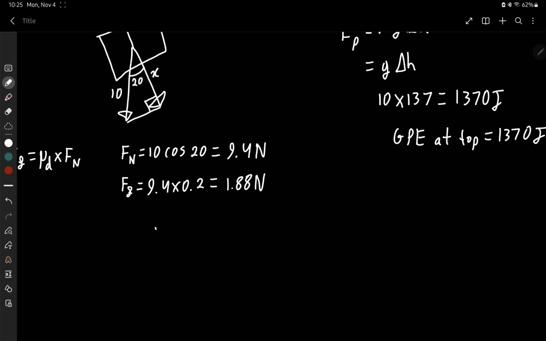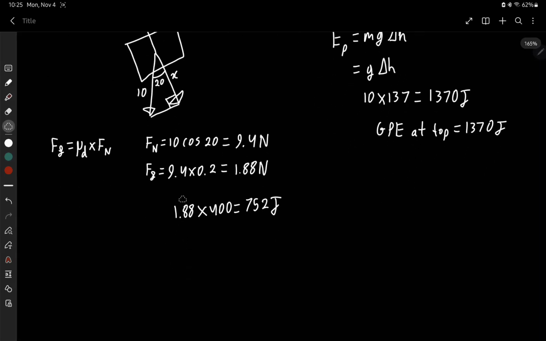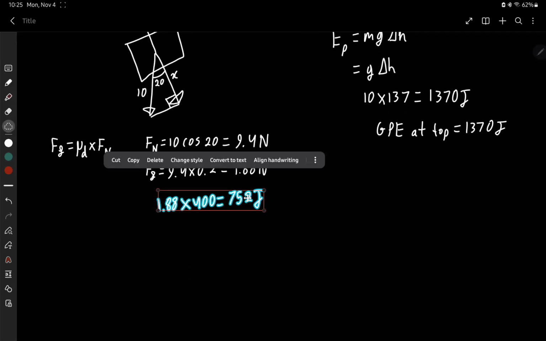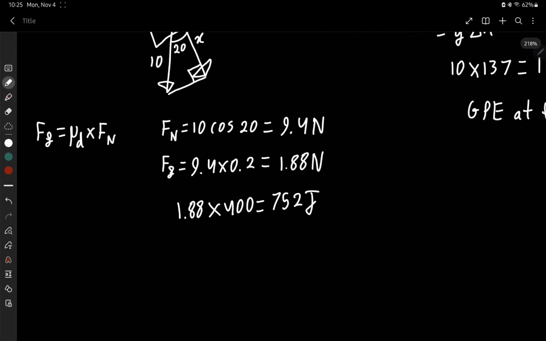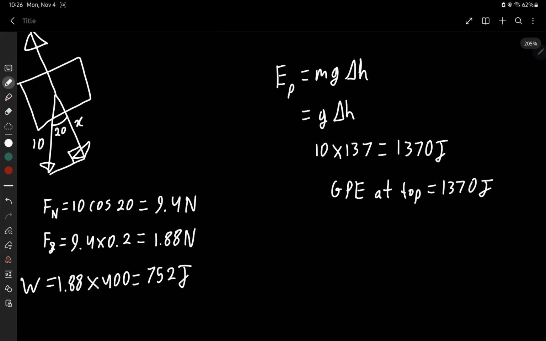We can simply multiply those two together to get work, and that should get 752 joules. Now you see the units are dimensionally correct. We have joules here, and we have joules here.